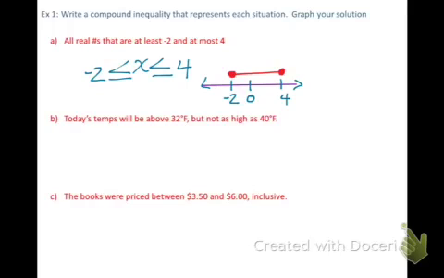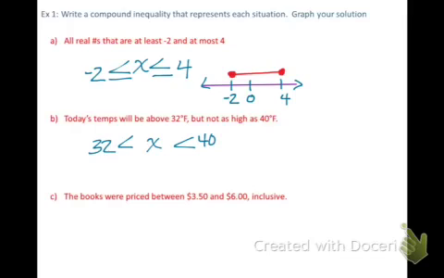So let's try B. Again, we're still on the "and" compound inequalities. So again, we have less than and less than with a variable, x. Today's temperature will be above 32, so that's saying it won't be 32. But not as high as 40, so it goes up to almost 40, but not 40. Again, they do not have an equal sign because it's not going to be 32, and it's not going to be 40.